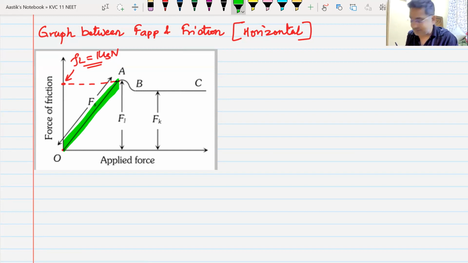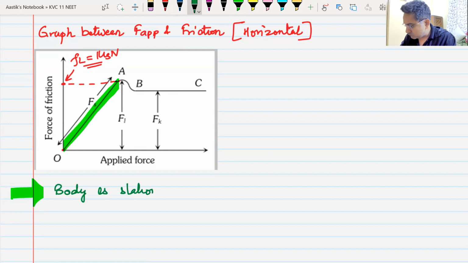Do we understand this? So in this green region, the body is stationary or static.